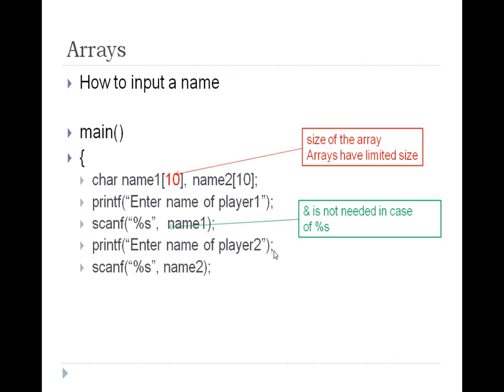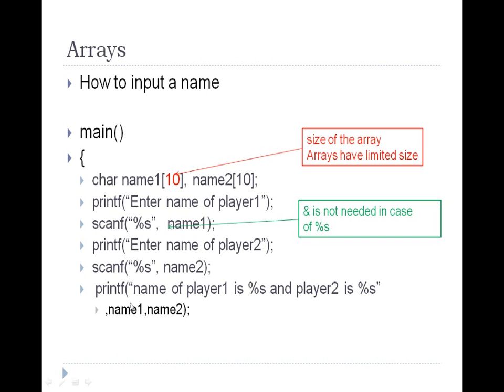Similarly, we can get the name of player 2. Then printf, the name of player 1 is %s, and the name of player 2 is %s. It's name1, name2. Again, this is how we can print a string, and then the curly brace ends.